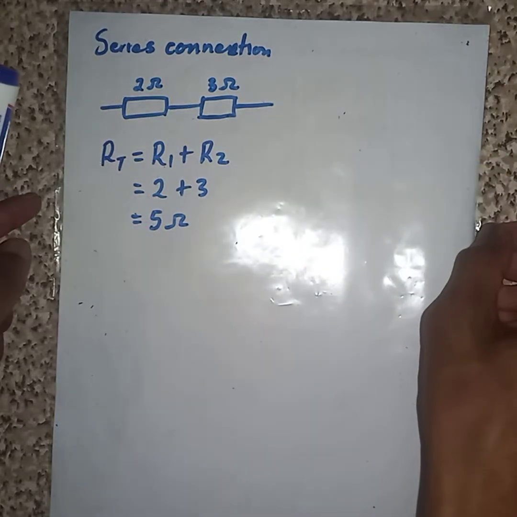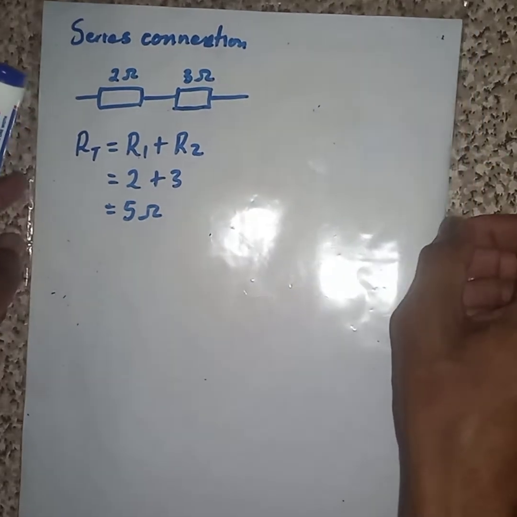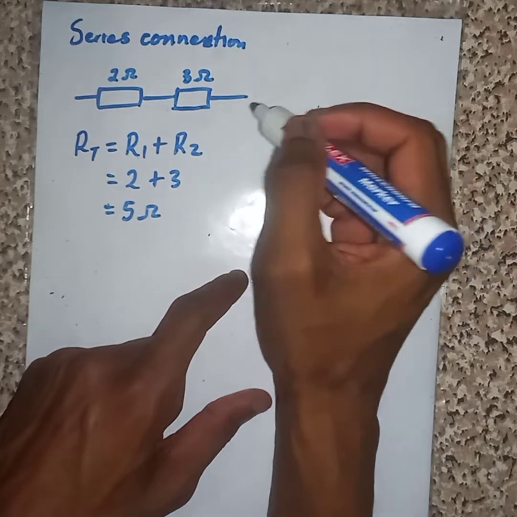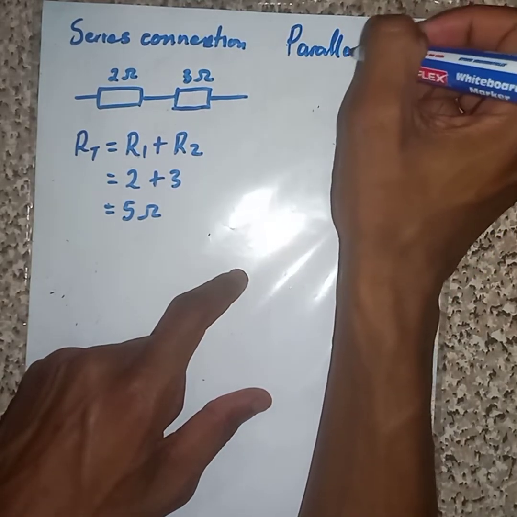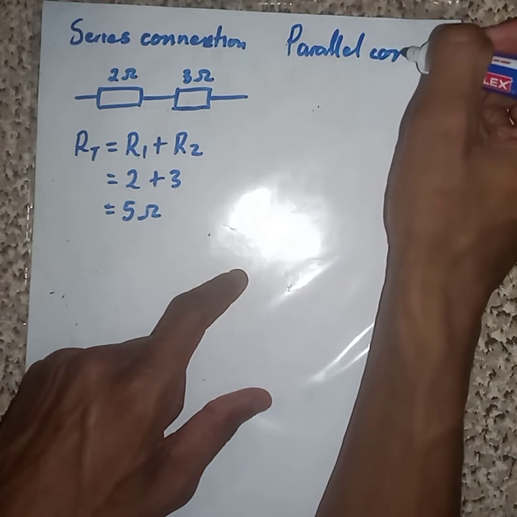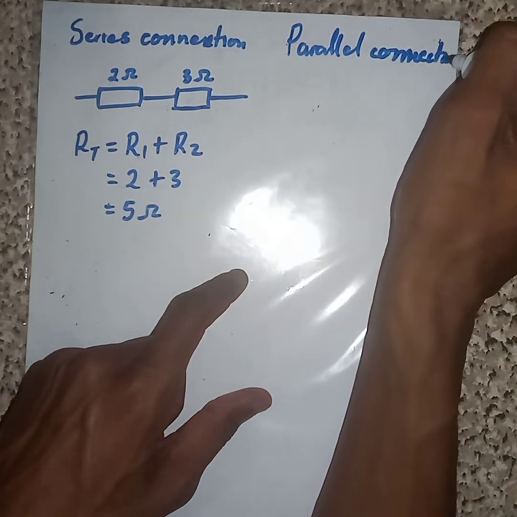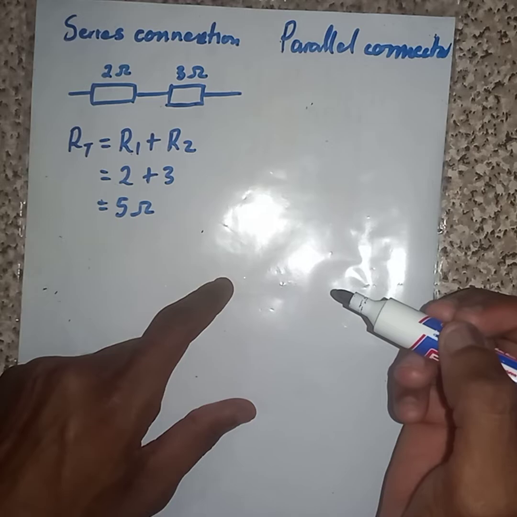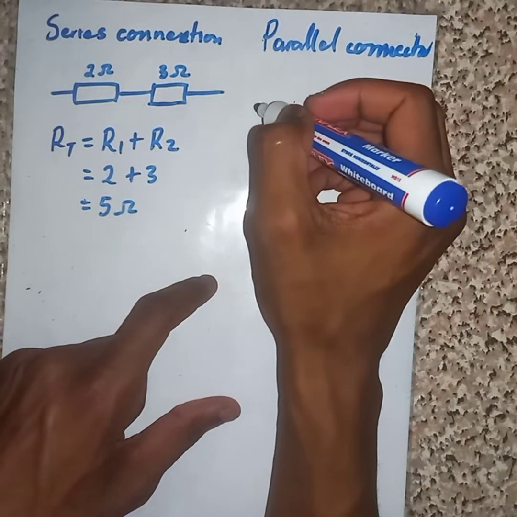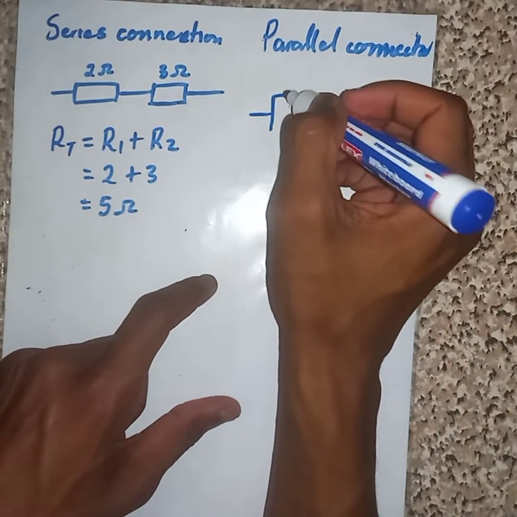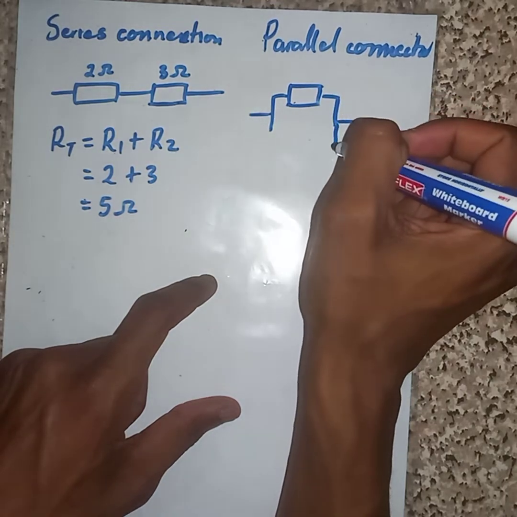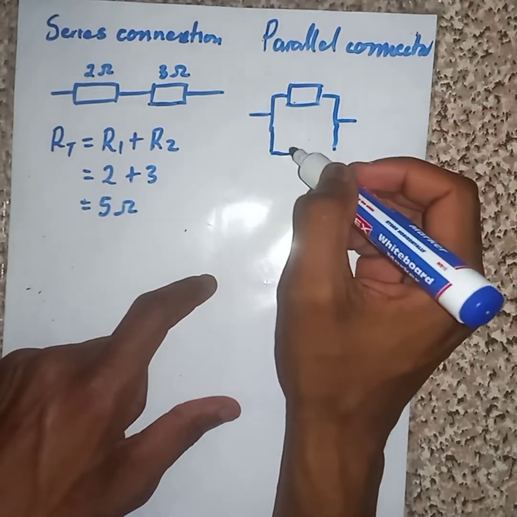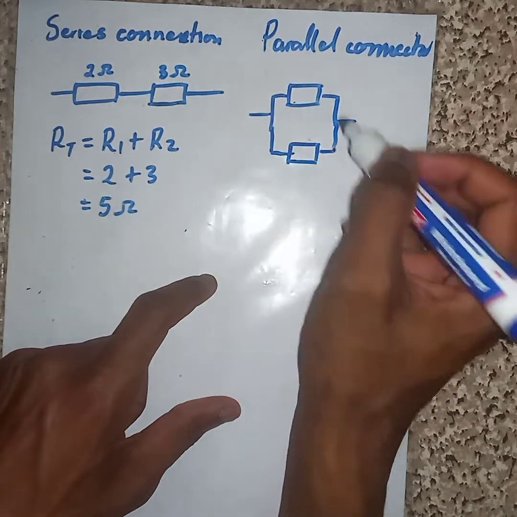Then now let's check if our connection was in parallel. I'll write parallel connection. Let's check. I'll take the same values, but now we connect them like this in parallel.